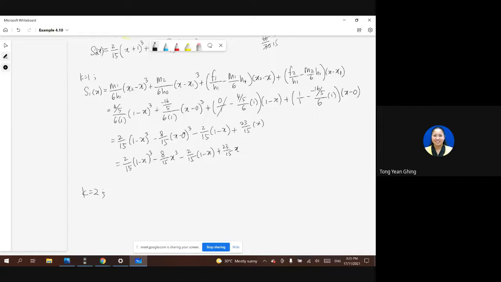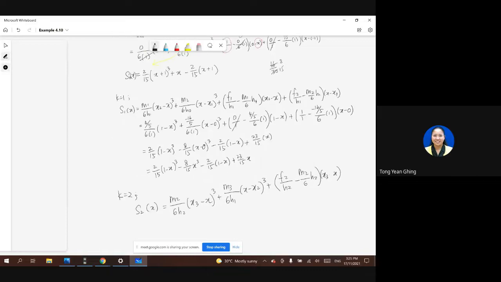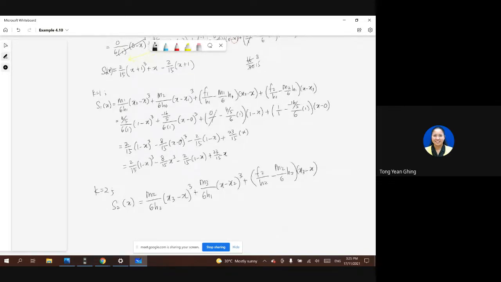So k equals 2: S2(x) equals M2 over 6H2 (x3 minus x) to the power of 3 plus M3 over 6H1 (x minus x2) to the power of 3, plus (F2 over H2 minus M2 H2 over 6)(x3 minus x) plus (F3 over H2 minus M3 H2 over 6)(x minus x2).